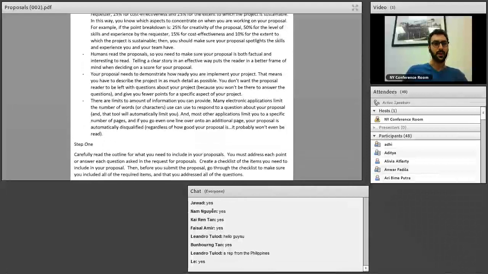And remember, it's humans reading the proposals. You're not submitting it to a computer. So you need to make this proposal interesting to read and factual. You need to tell a clear story and put the reader in a frame of mind.